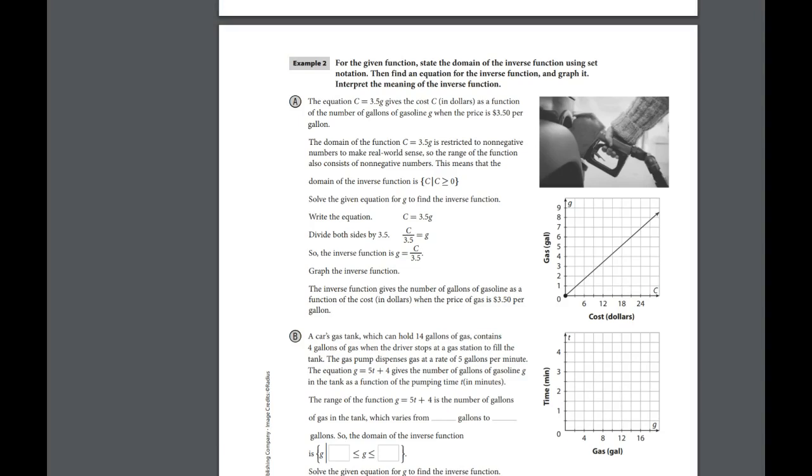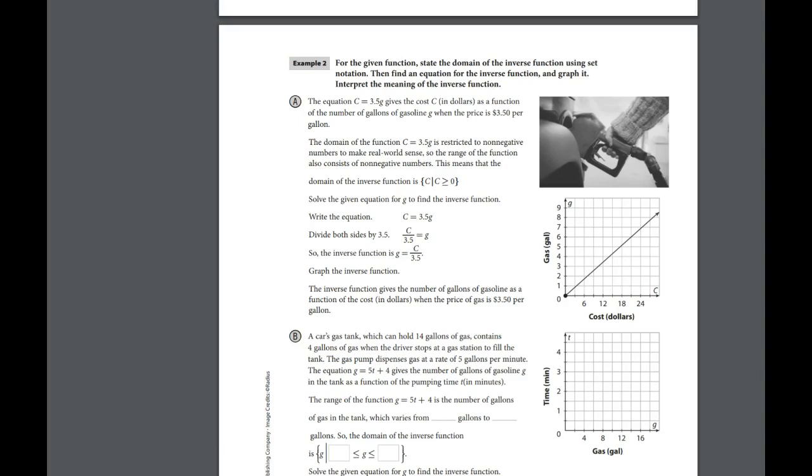It's a real world problem. So clearly the domain for this function is really only non-negative numbers, right? I can't have negative gallons of gas, and really realistically, if I had a big enough car, I could have as many gallons of gas as I wanted to. So the domain is basically G is greater than or equal to 0.